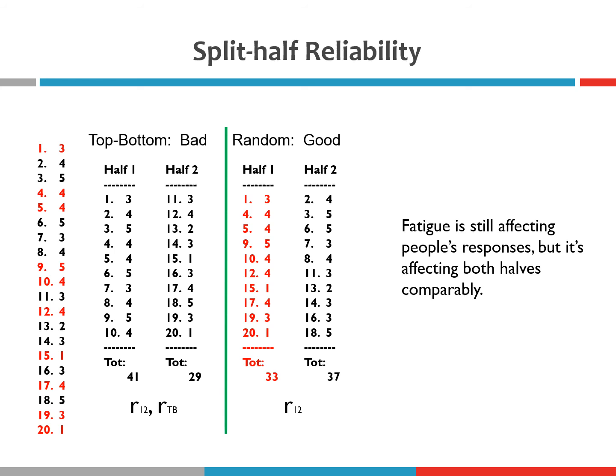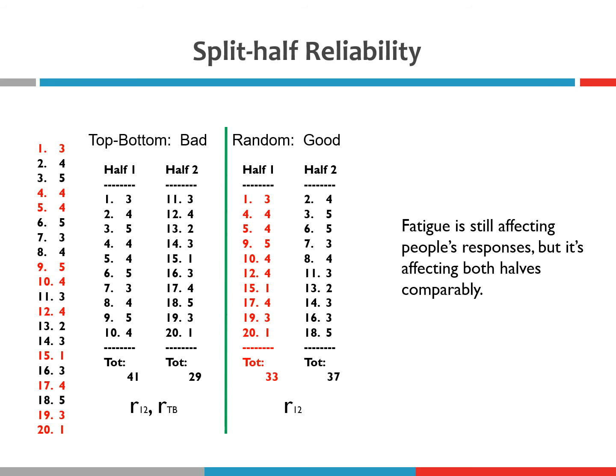We randomly choose the questions in red here to go in our first half, and then randomly choose another selection of questions to go in our bottom half, right? So we've got half the questions that we randomly selected for the first half and half the other remaining questions for the second half, okay?